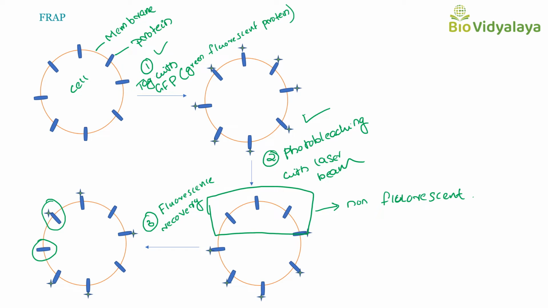After some time, due to lateral diffusion, the labeled molecules diffuse into the bleached area, and that bleached area again becomes fluorescent, and that is known as fluorescence recovery. The rate of recovery of fluorescence is associated with the rate of lateral diffusion.